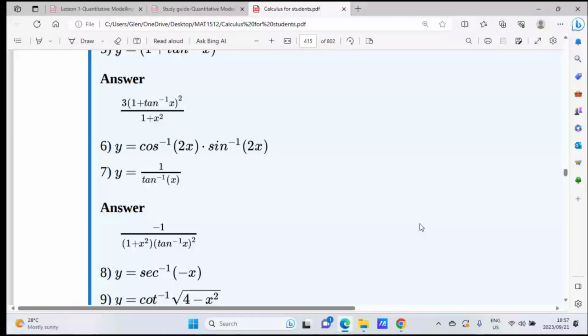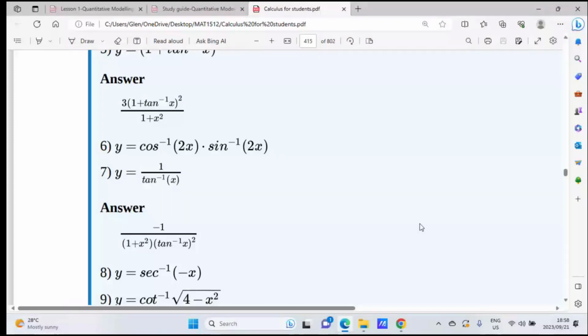So what was your final answer for number 8? Number 8, I didn't even calculate. I just knew the answer using that theorem that Sir gave us. If y is equal to sec inverse of x, the derivative is 1 over the absolute value of x times root of x squared minus 1.